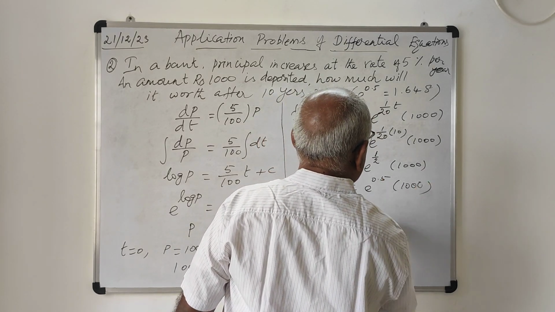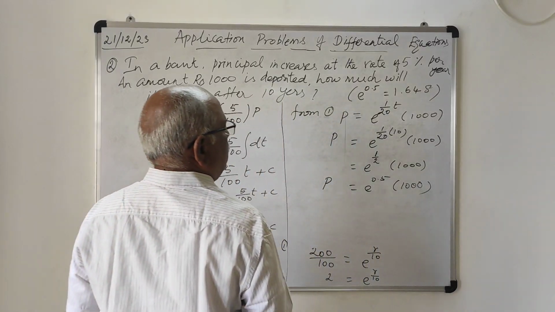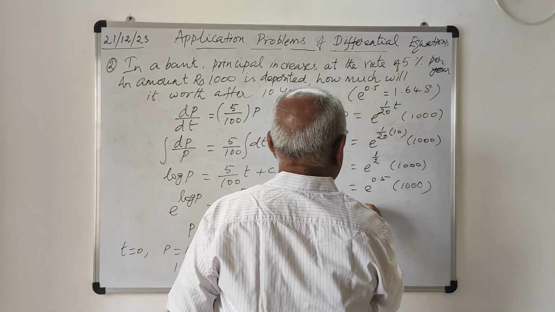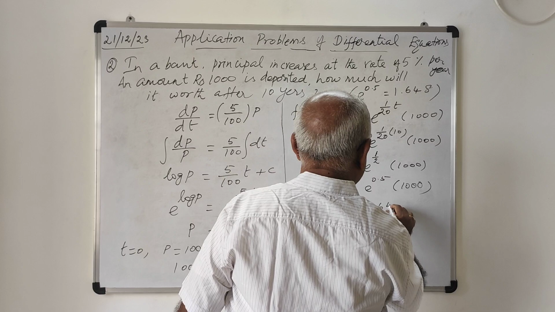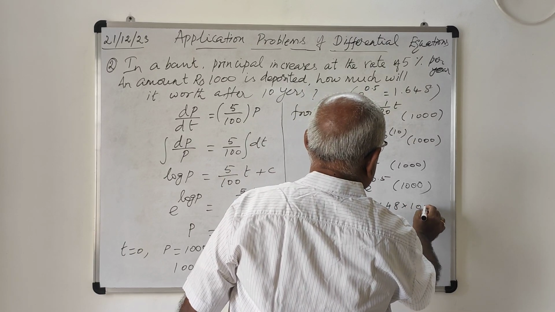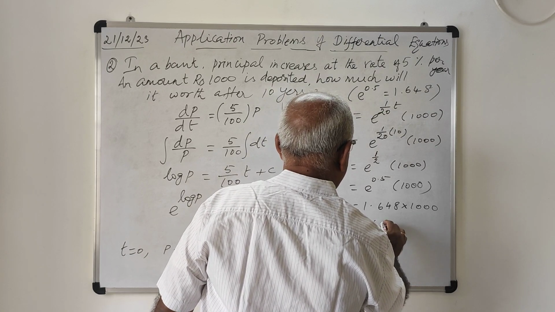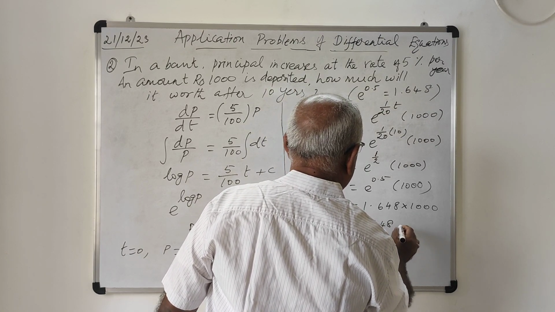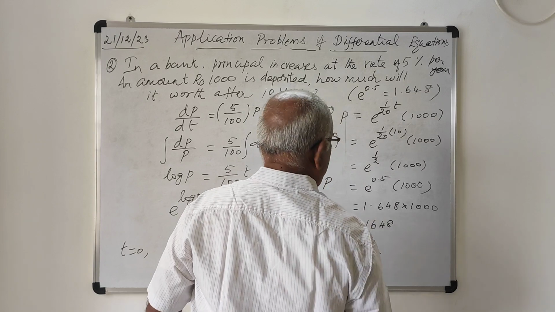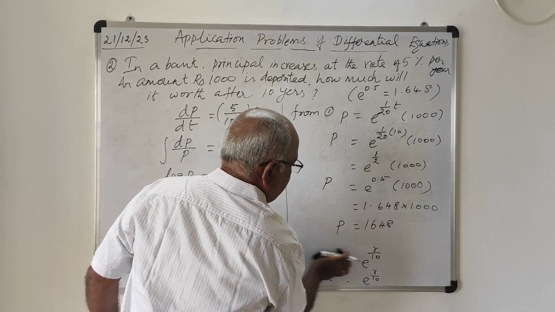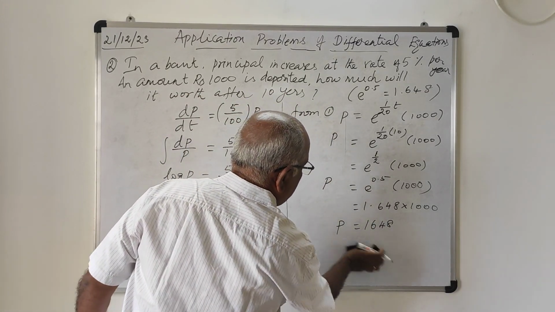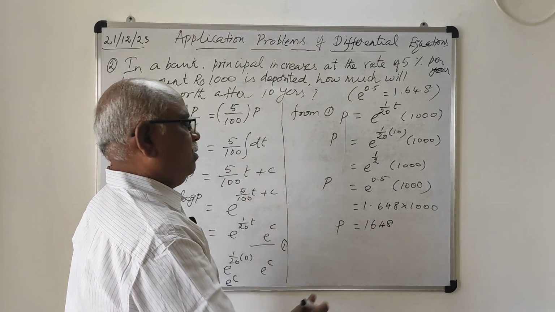E power 0.5 is given as 1.648, into 1000. Multiplying by 1000, you will get 1648 rupees. So this is your P. After 10 years, the 1000 is increased to 1648.